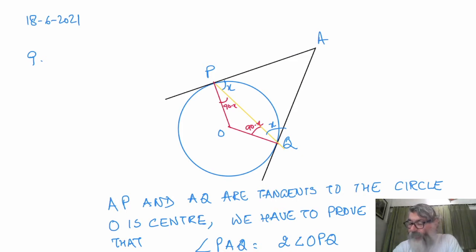So x and x, and angle OPQ equals angle OQP, which is 90 minus x, because tangent and radius are perpendicular to each other. We calculated angle PAQ to be 180 minus 2x, and this angle PAQ is double of OPQ, which is 90 minus x. So the relation is that PAQ is double of OPQ.